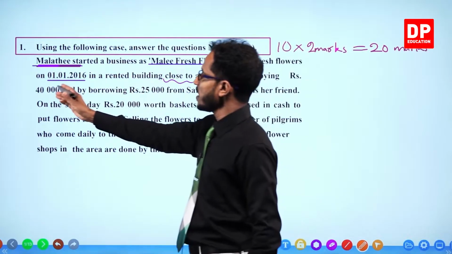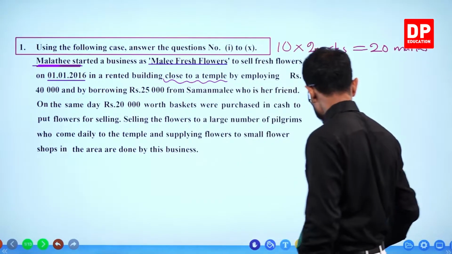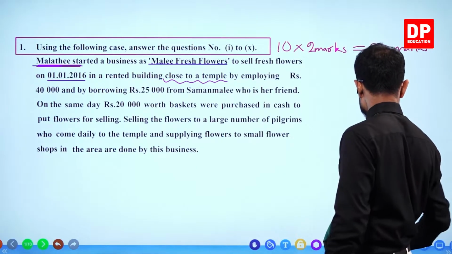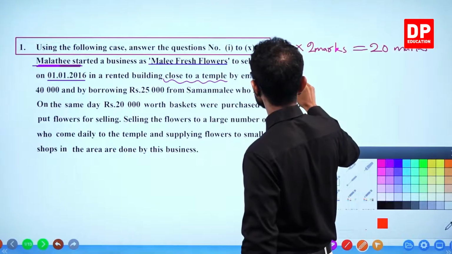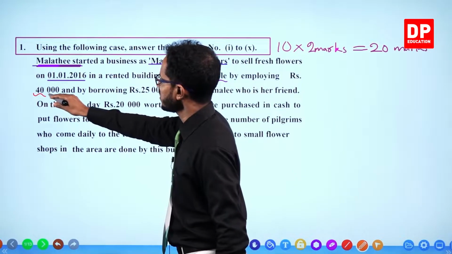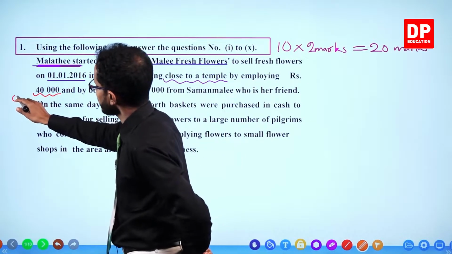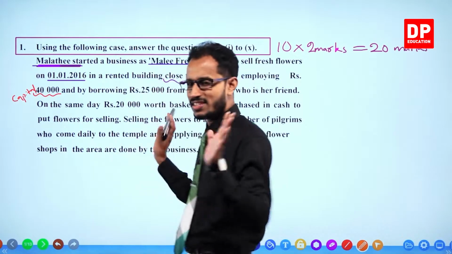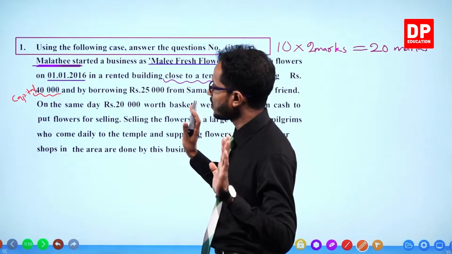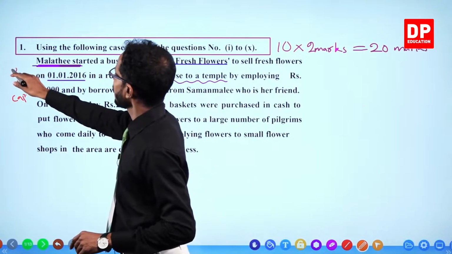Rupees 40,000 capital employed, that also should be marked. 40,000 is the capital. If you want, you can write these things on the paper itself, it doesn't matter. This is the capital, this is the owner.